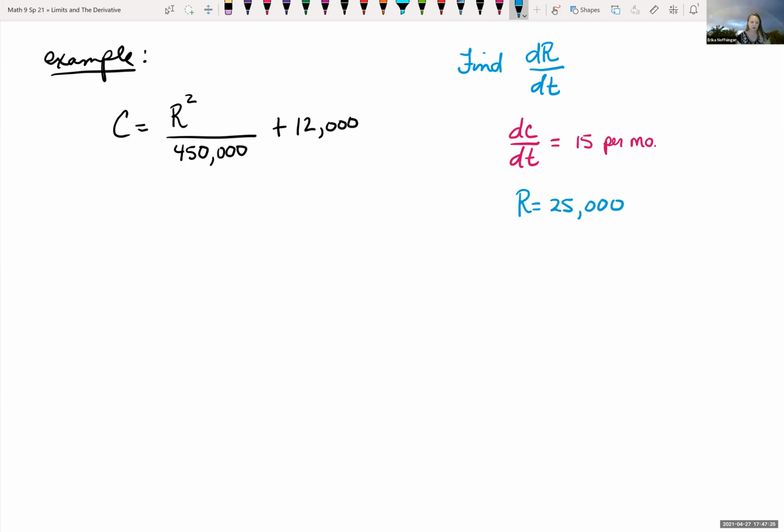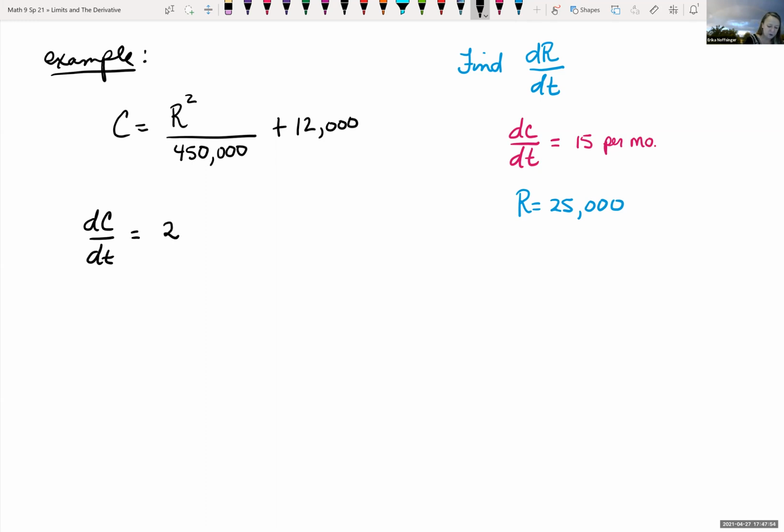So we can go in here and differentiate both sides of our equation, and they're both with respect to time. So taking the derivative of C gives us dC/dt is equal to, we can think of this as 1 over 450,000 times R squared. So let's just use the general power rule, bringing 2 down front.